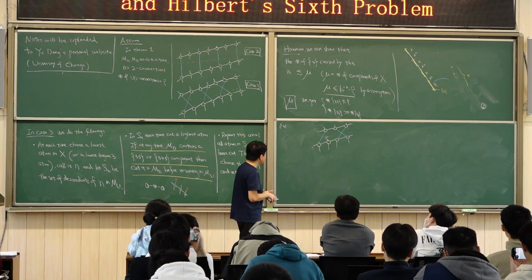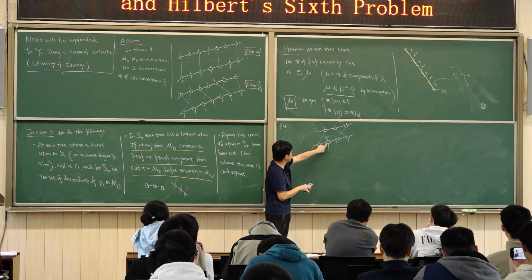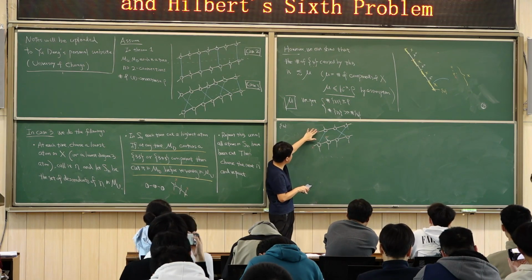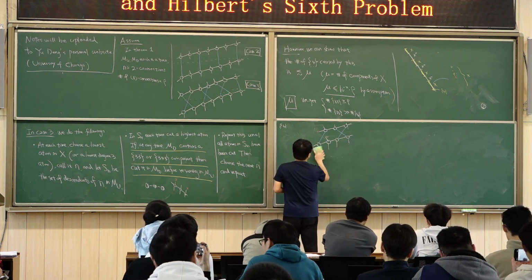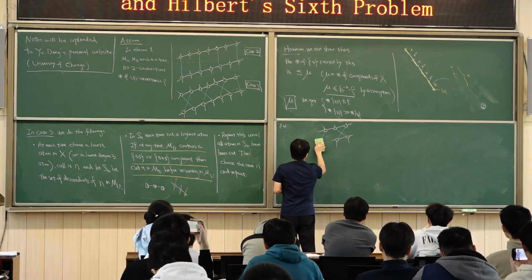So at this time we're having a 3, 3. This is degree 3, this is degree 3, because after cutting this we create a 3, 3 component, so then we remove it this way.